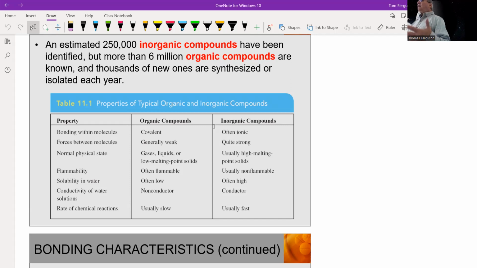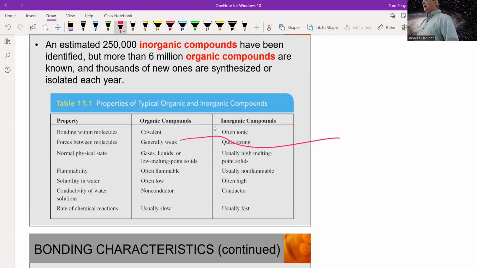There are certain traits about organic compounds. They tend to be covalently bound as opposed to ionic. This varies a lot. It's generally weak. For hydrocarbons, it's definitely weak. But for the rest of the classes of organic compounds, they vary from very high ionic.